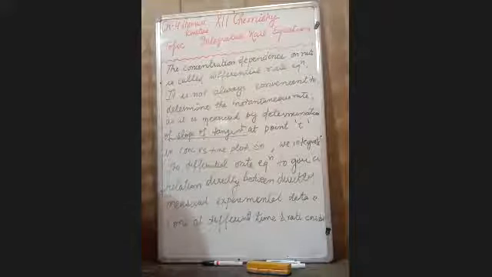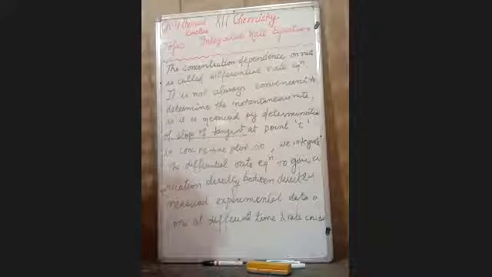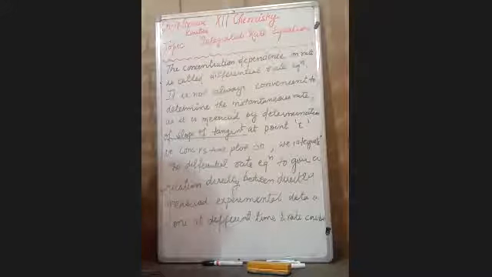That was the differential rate equation. But it is not always convenient to measure the instantaneous rate, especially because it involves the determination of the slope of the tangent at point t in the concentration versus time plot. You have seen, so it is not always convenient to measure instantaneous rate.